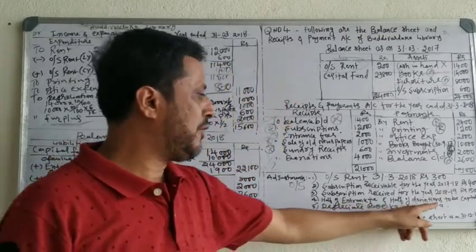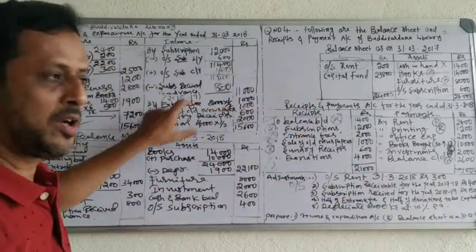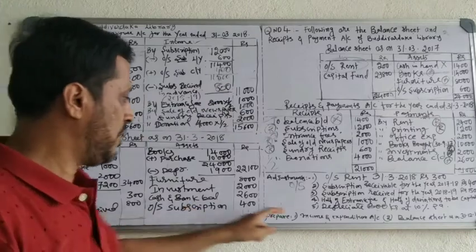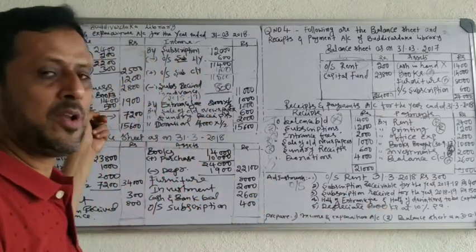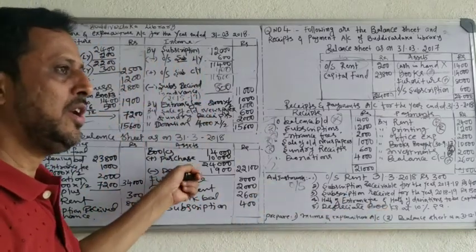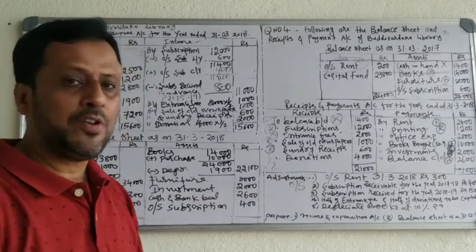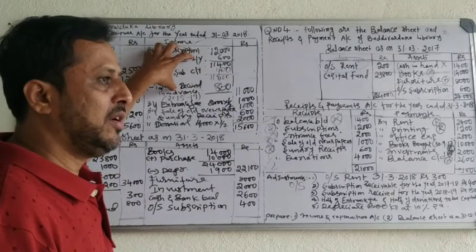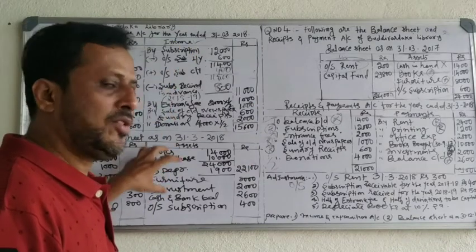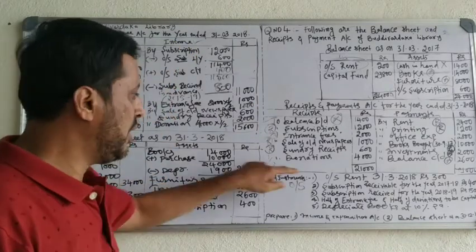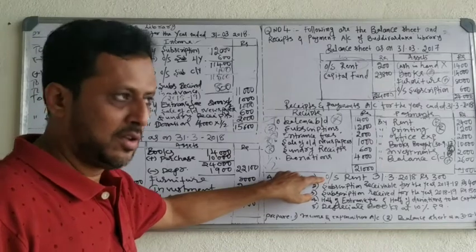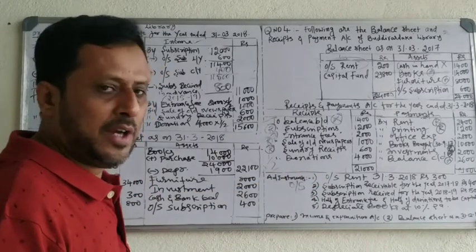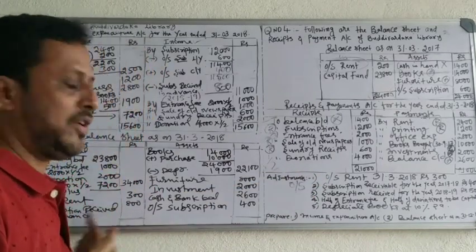Half entrance fee, half donation: half you have taken in the income and expenditure account, half in the balance sheet. Depreciation on books you have taken in the income and expenditure account, again you have deducted in the balance sheet. See, these adjustments you have to treat twice. Once in the income and expenditure account, second entry in the balance sheet. Current year outstanding rent you have added and you show on the liability side.